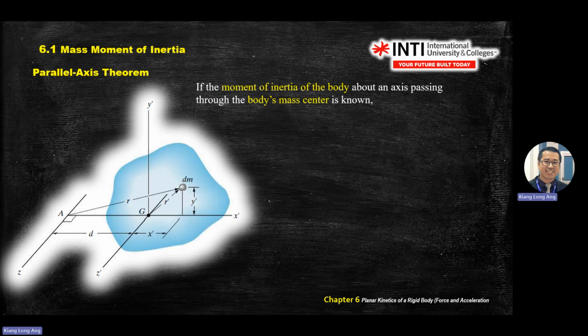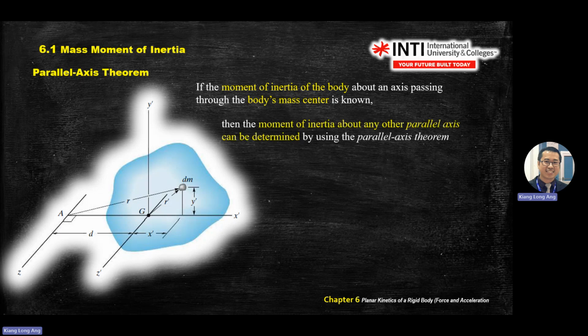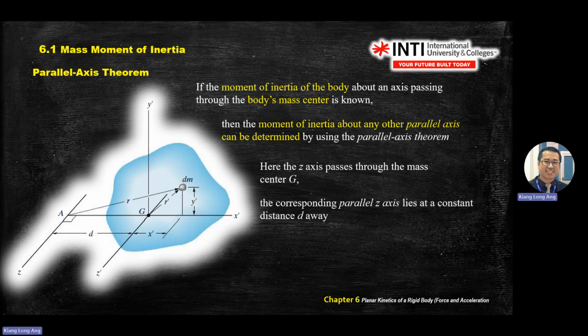Okay, so if you know the moment of inertia about an axis passing through the body's center of mass, G here, then the moment of inertia about any other parallel axis can be determined using this theorem. Meaning we are using the parallel axis.